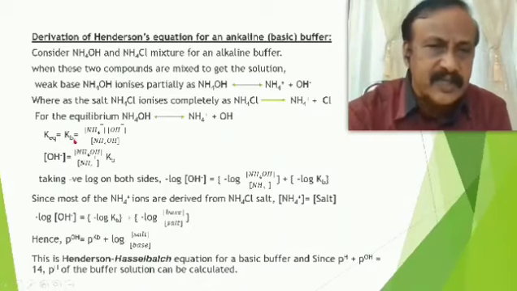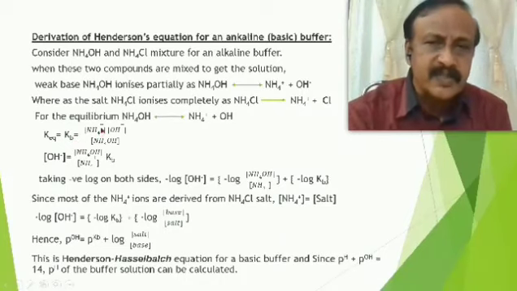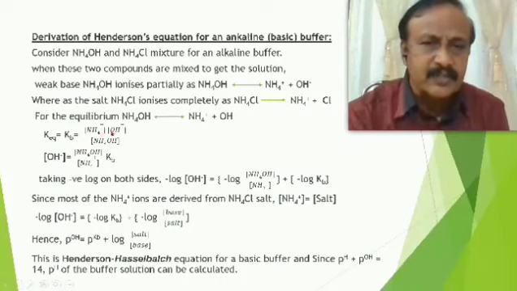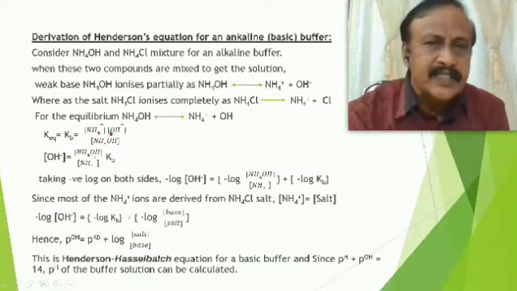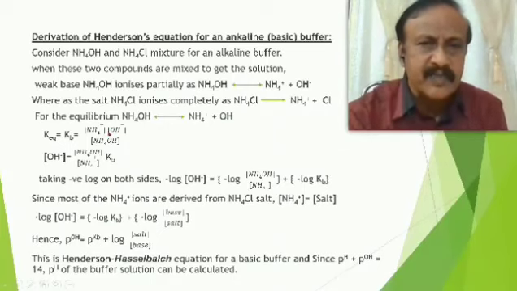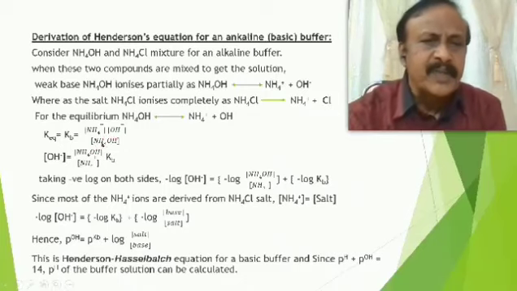The base dissociation constant is used here. Kb is equal to, again, the concentration of products. Here the products are ammonium ions and OH minus. You should not write plus on OH here. It is the product of the concentrations of the two ions divided by the concentration of ammonium hydroxide molecules which are remaining unionized at the equilibrium stage.